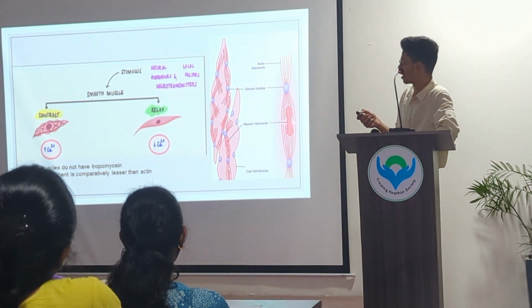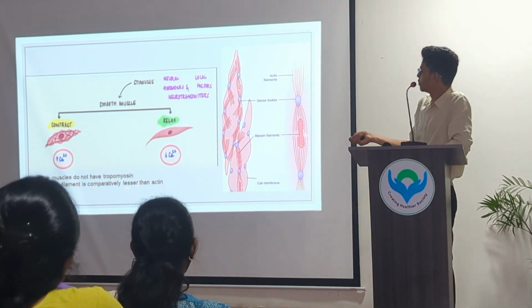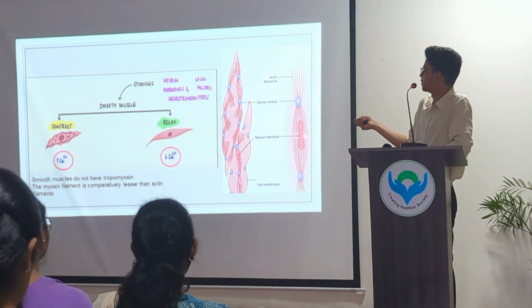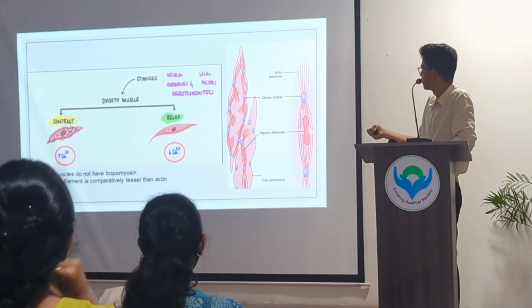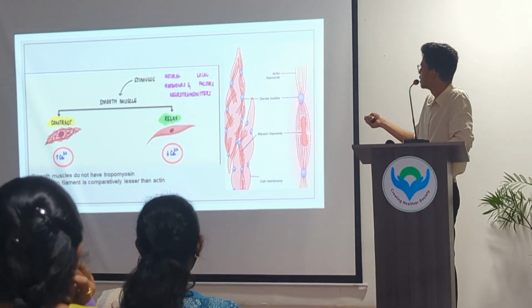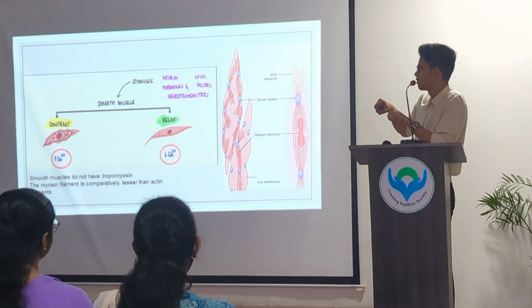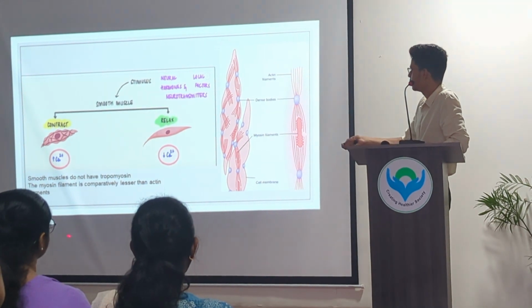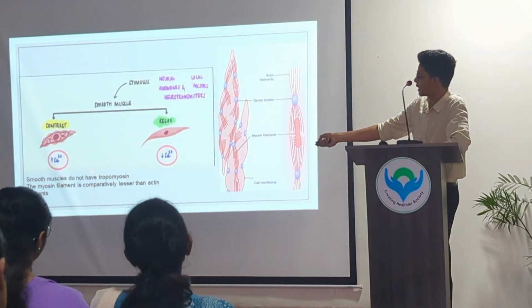And here is how contraction happens in a smooth muscle. In smooth muscles, you find a greater number of actin filaments compared to myosin filaments. We have dense bodies, which are bead-like structures that hold these actin filaments like a bunch of threads. Even in smooth muscle contraction, we require calcium.